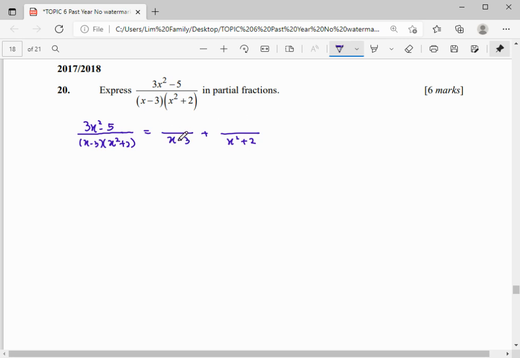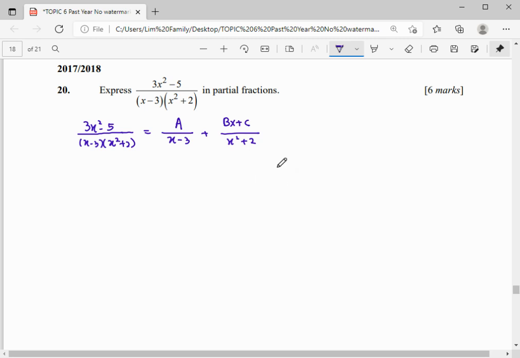Once the factor is linear, the numerator will be a constant A. Once the factor is quadratic, the numerator will be linear, in the form of Bx plus C. This is how we express our fraction into partial fractions.